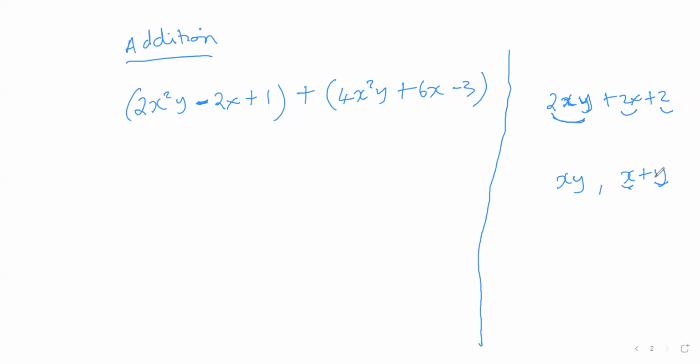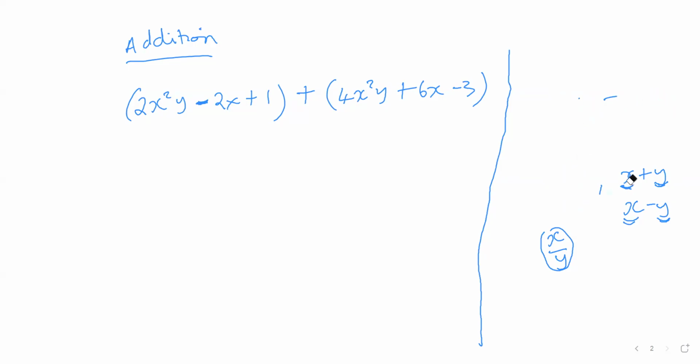Terms are only separated by addition and subtraction signs. x minus y is two terms, x over y is just one term, x times y is also one term, whereas these are two terms. So take note of what I am referring to when I say a term in an expression.